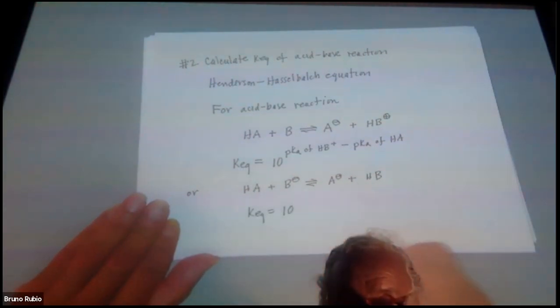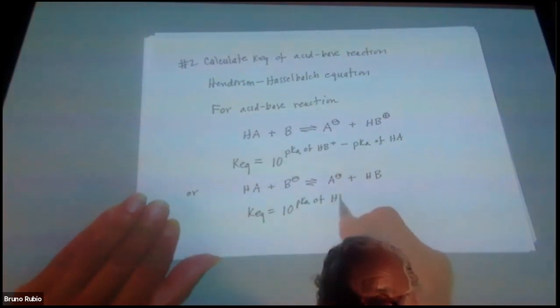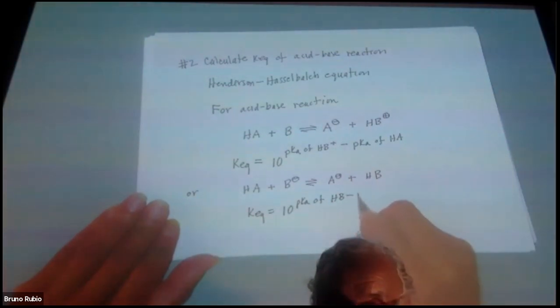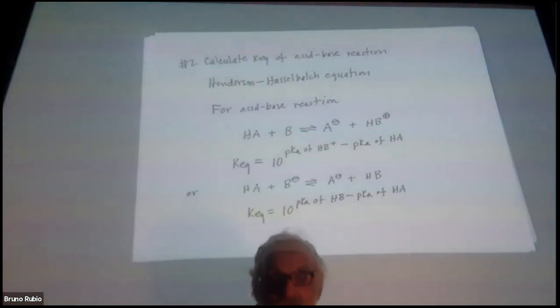It'll be 10 raised to the pKa of the acid on the right-hand side of the equation minus the pKa of the acid on the left-hand side of the equation. So that's the Henderson-Hasselbalch equation.